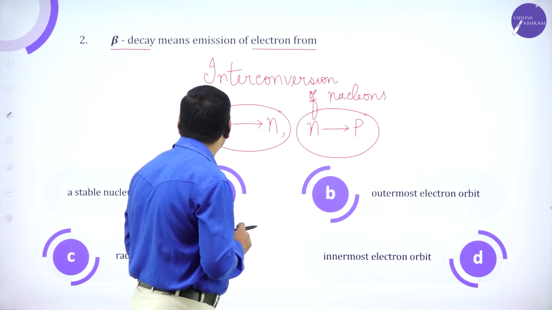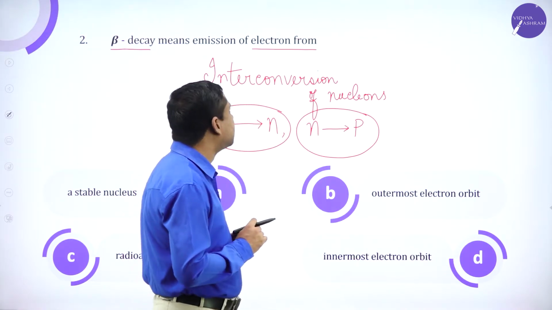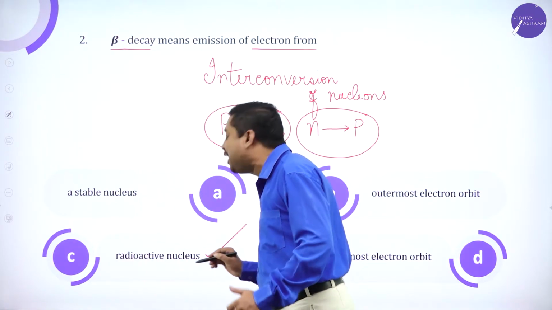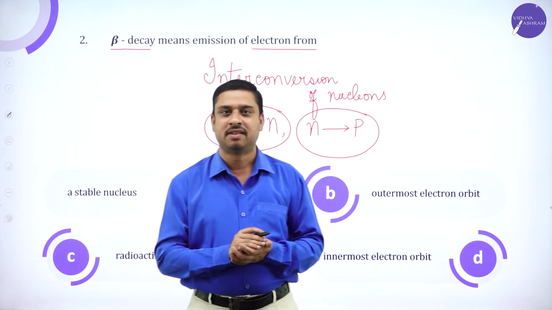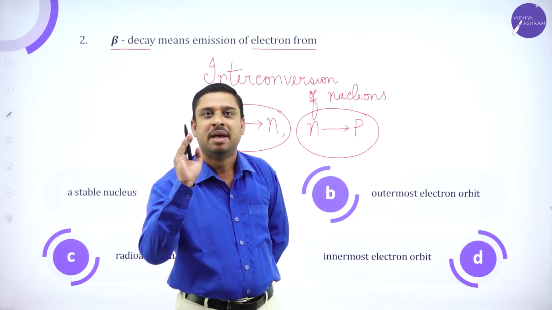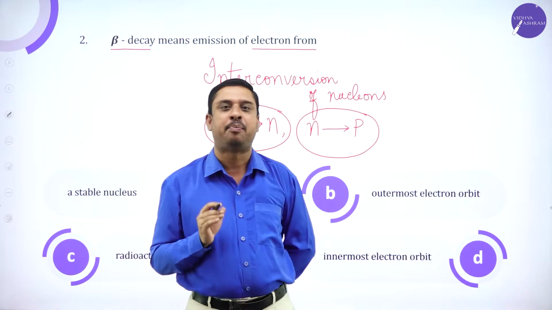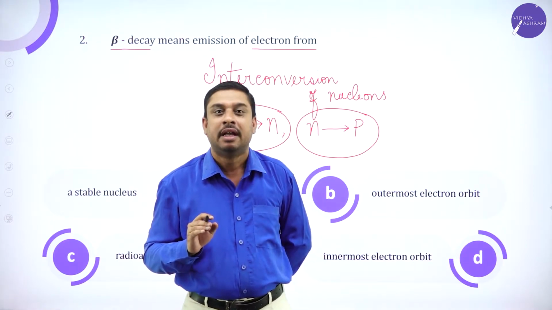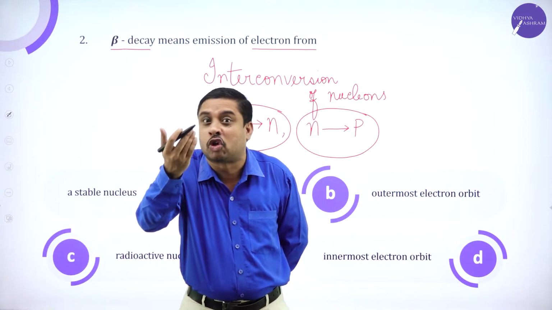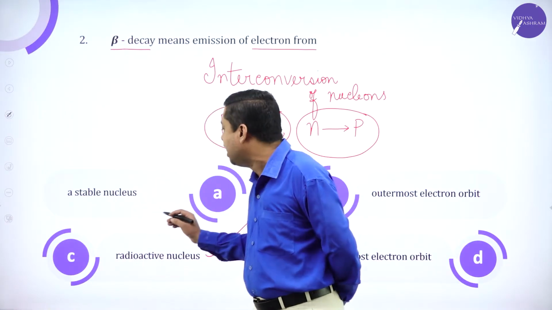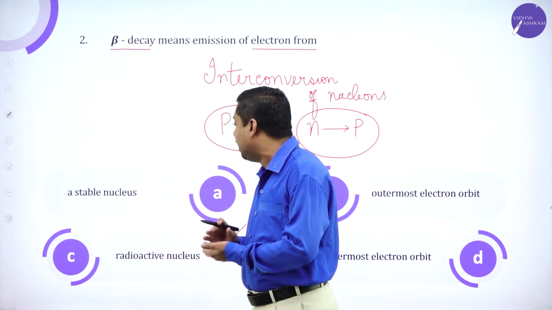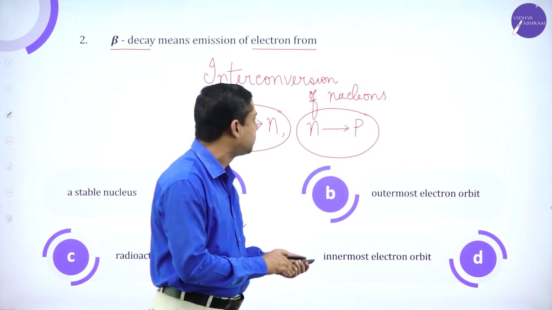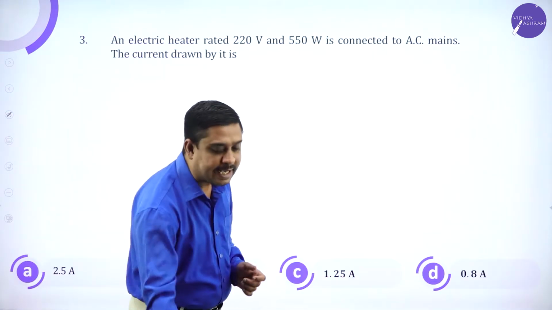So beta decay is the emission of electron from a radioactive nucleus. Moment beta decay happens, stability is lost, excess of one nucleon comes into picture. Next one.